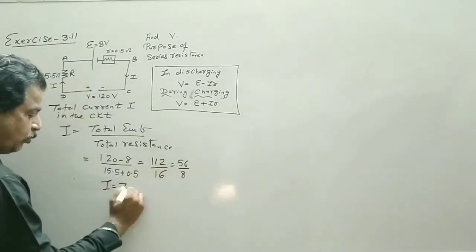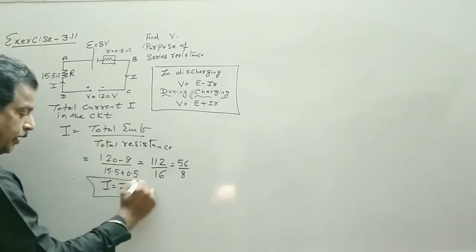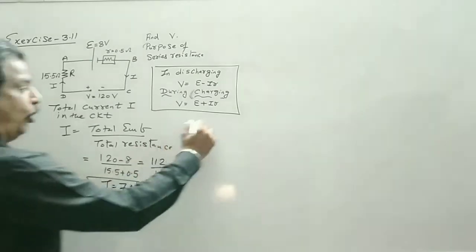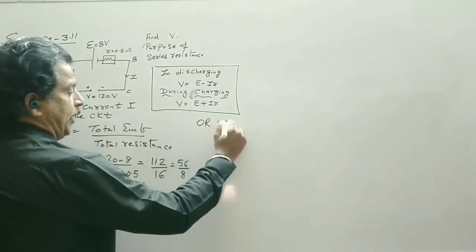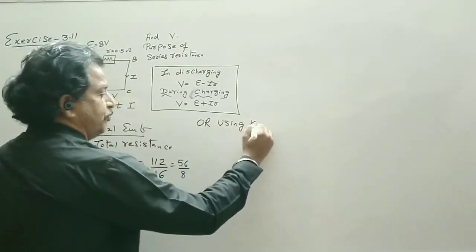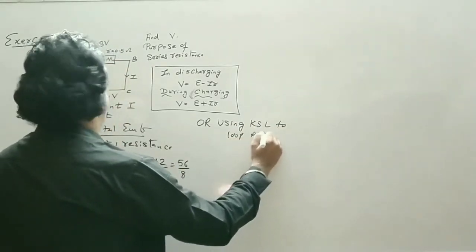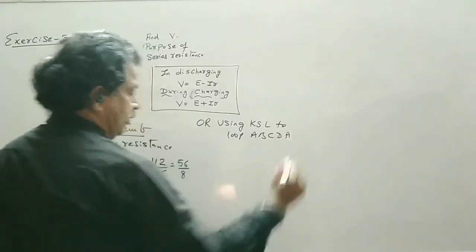So I is equal to 7 ampere, which is the current. Now this is using Ohm's law, or we can use Kirchhoff's second law for the loop ABCDA.